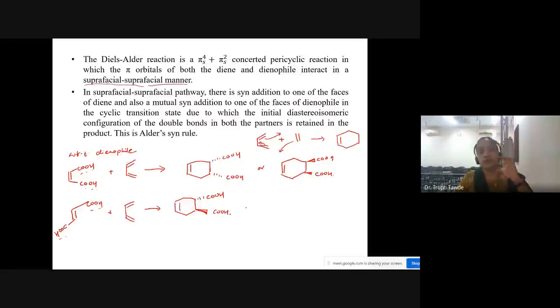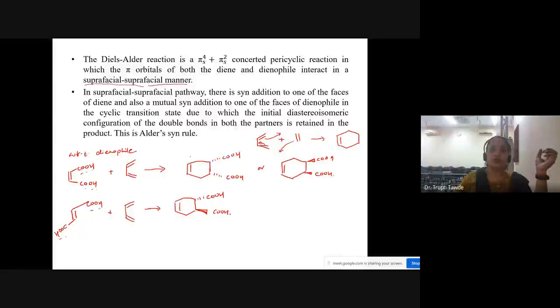So whatever stereochemistry you have with respect to the dienophile, that will be retained in the product also. That is the outcome of this superficial pathway. And hence we call it Alder's syn rule. Whatever stereochemistry you have for those substituents in the reactant, that will be retained in the product also.